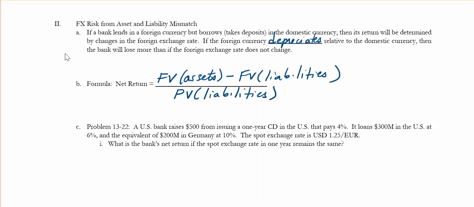So the liabilities is what you borrow right now, and then you lend it out. You're going to receive some proceeds from that loan, and then you'll owe the ones you've borrowed from, which are your depositors. And this is all in the domestic currency, after you've converted the currencies back.